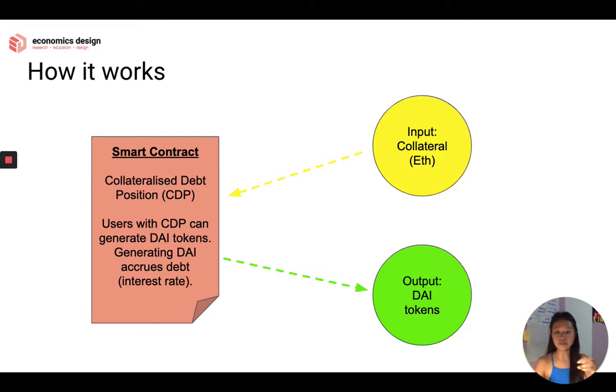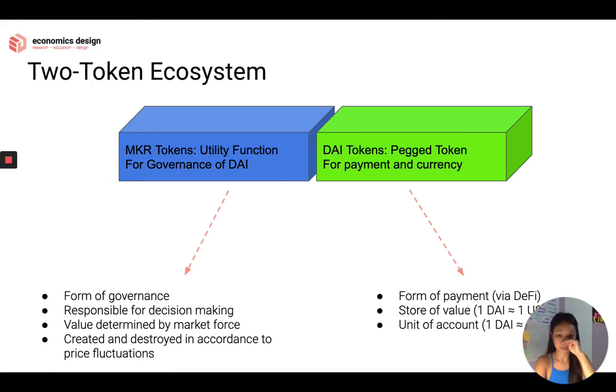And then by doing this, by generating DAI tokens based on my collateral, I'm accruing debt. The debt is an interest rate. And another way in the MakerDAO system, we call it a stability fee. And this interest rate or stability fee fluctuates, and the fluctuation right now is determined by MKR holders.